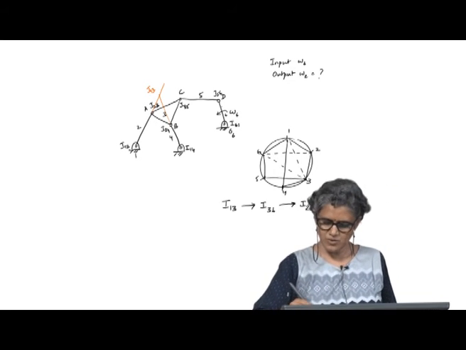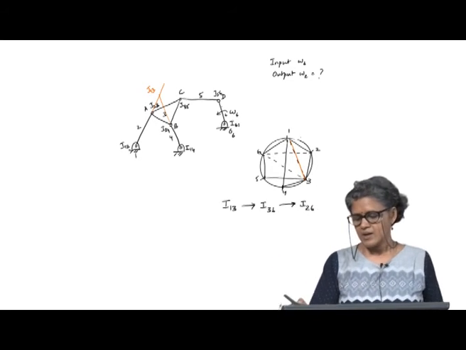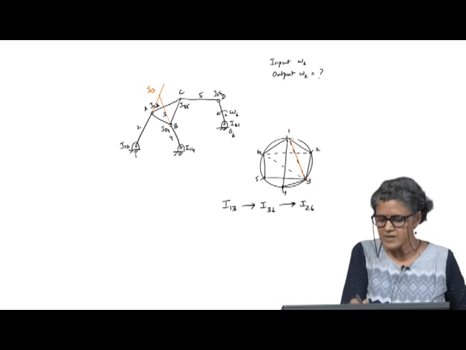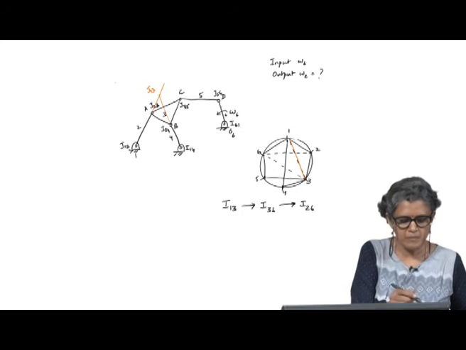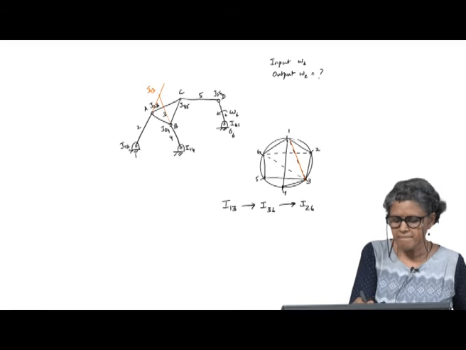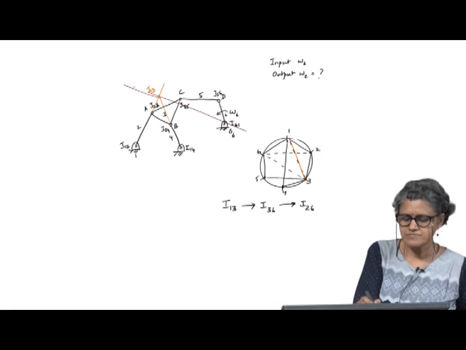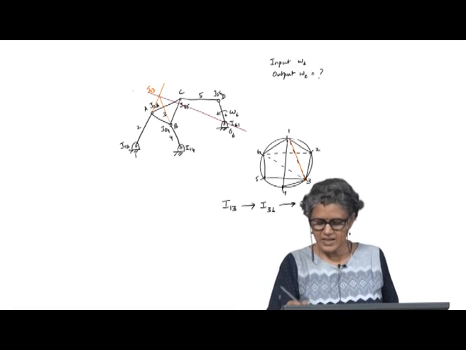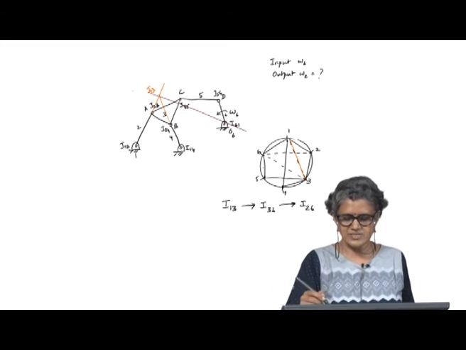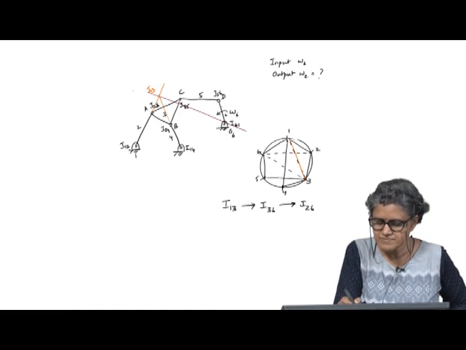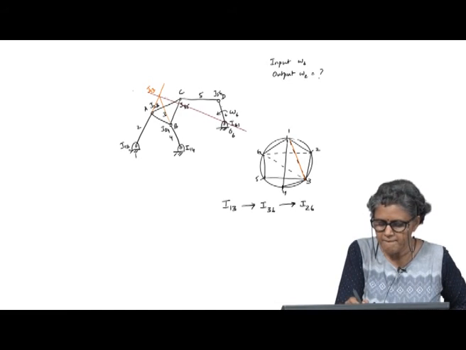Now, once I know I13, I16, okay, that is I13, I16 and then I35, I56. Okay.